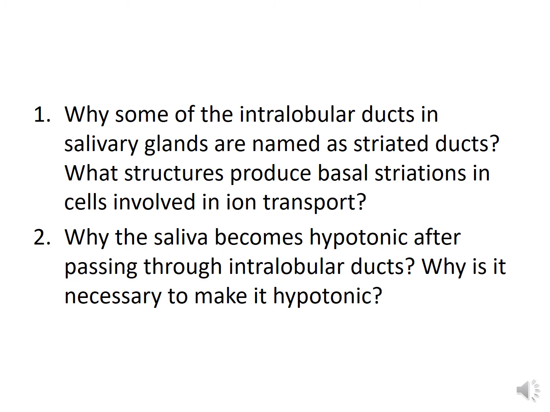So why do we need a hypotonic saliva? Because if sodium is present in excessive amount, it will stimulate the taste buds in the oral cavity. So the salivary secretion is hypotonic.